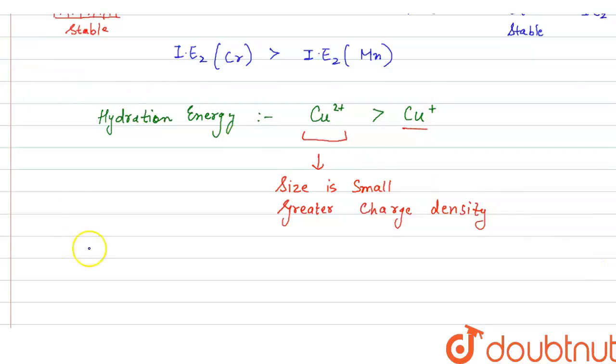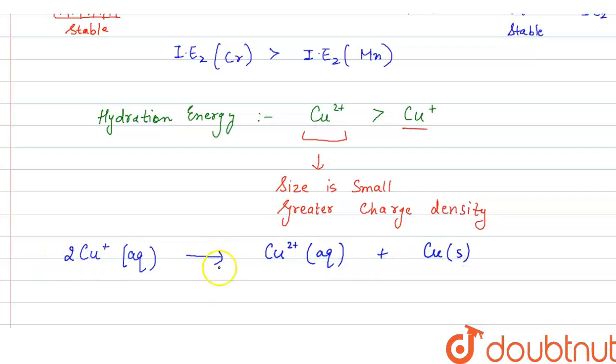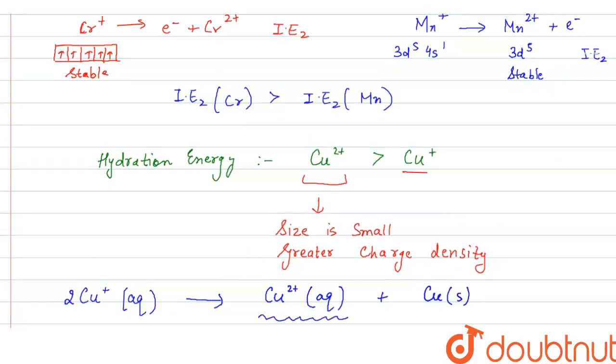Also, Cu+ ions are not stable in aqueous form as they disproportionate, giving Cu2+ ion and copper. So Cu2+ ions are more stable in aqueous solution.